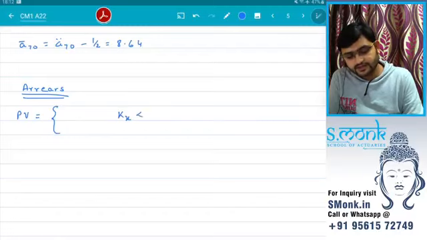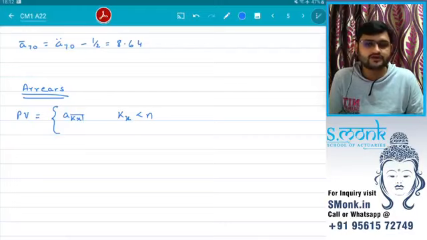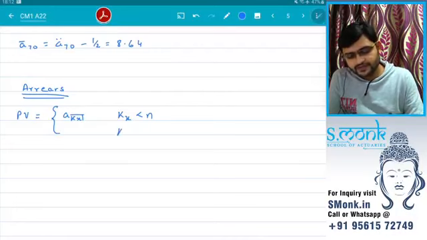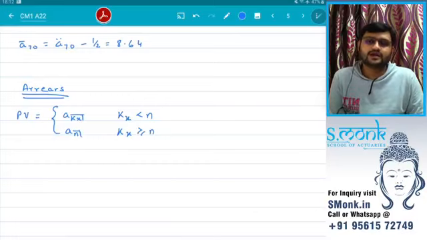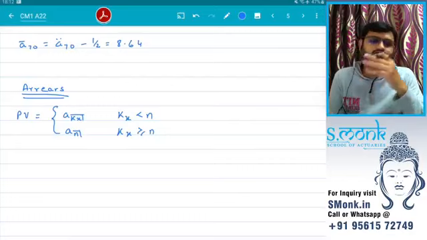If the person dies within n years, then it is the same as giving annuity in arrears for K_x years. This is what we had when we were talking about whole life. And if the person dies after n years, then a complete n years of annuity would already be given. Imagine we were paying a pension for 20 years, from age 60 to age 80.